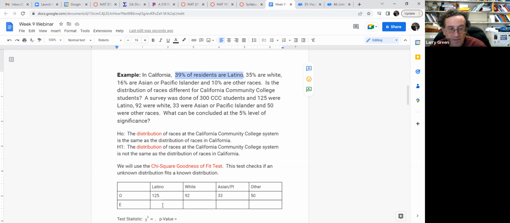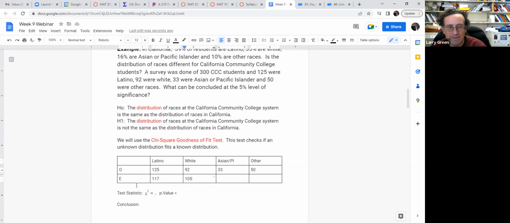So that's your expected for the Latinos. So we do the same idea. We're going to take 35% of 300. And how much is that? You can use a calculator. I did it in my head, but I got 105. Any questions on how I got that? Maybe I should type out what happened. It's in the chat box too, because we had a student that actually came up with it, which is nice.